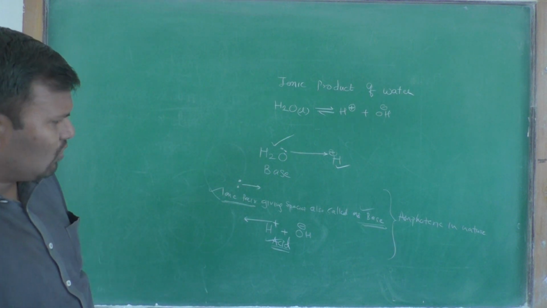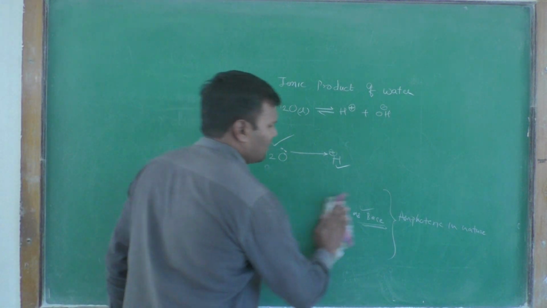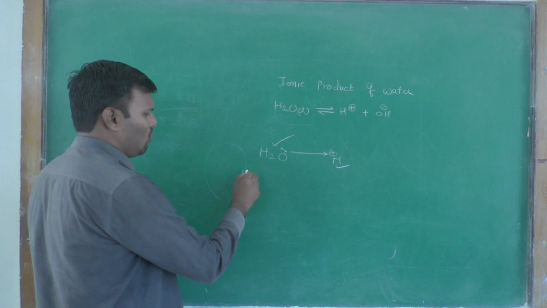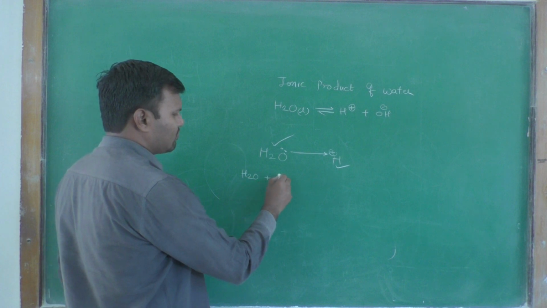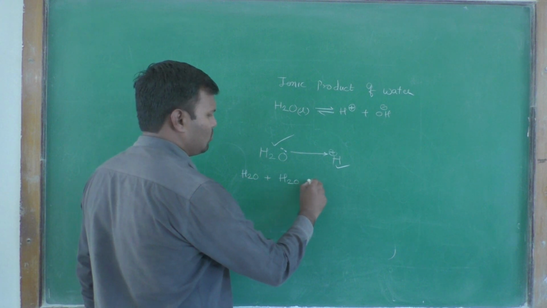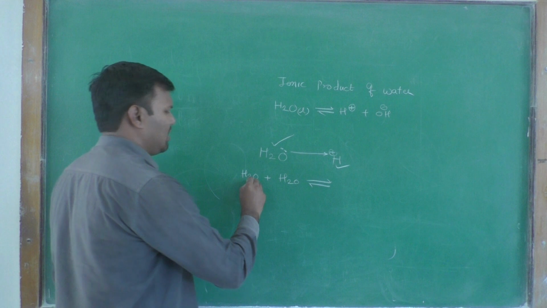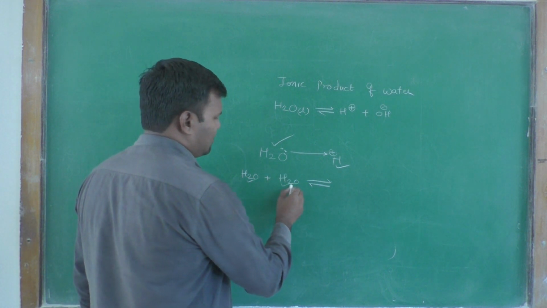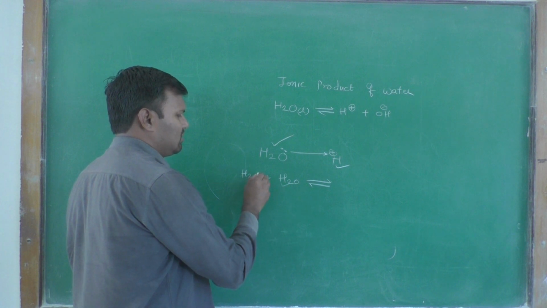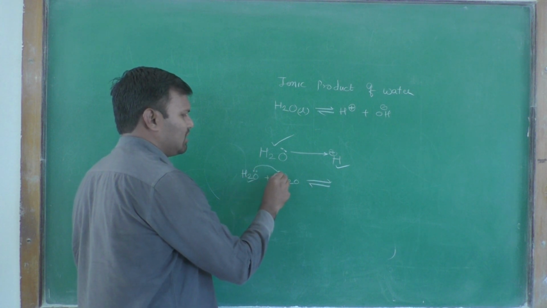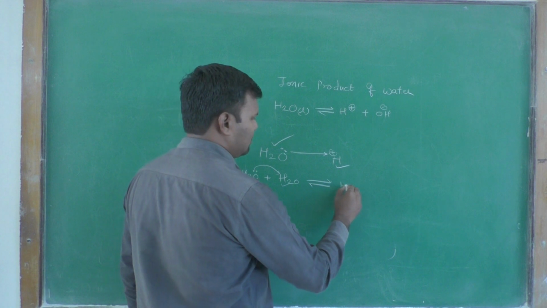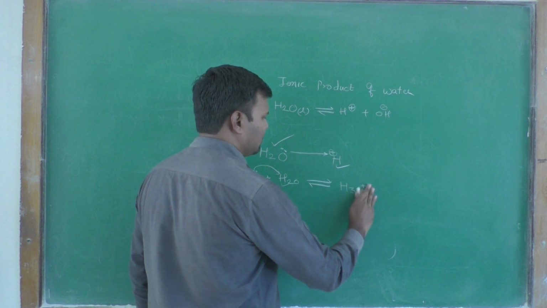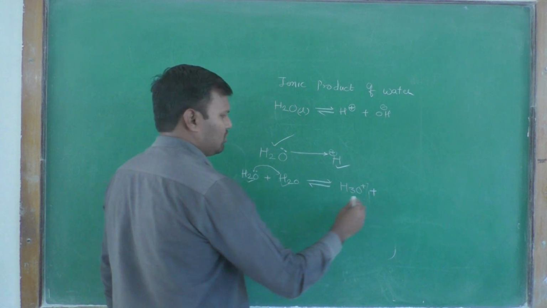Now we have H2O and H2O. One H2O acts as the base and the other acts as the acid. If this one gives the H plus ion to the other, the lone pair accepts the H plus ion, and it is converted into H3O plus plus OH minus.